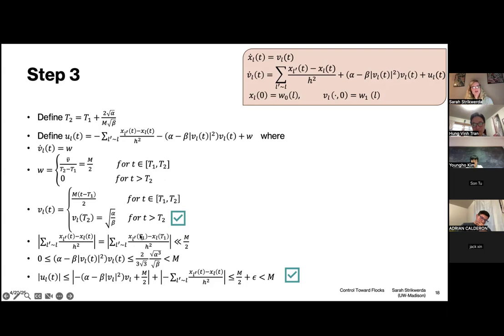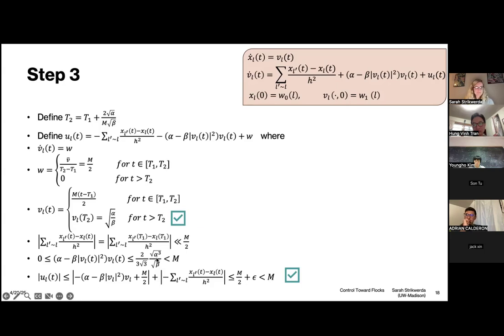It's going to be equal to whatever the discrete Laplacian was at t1, because all of the points are moving with the same velocity. And so this is going to be very small. And then we also notice that the nonlinear term is going to be small as well, because we can show that it's less than or equal to this value, and that is the value that we assumed m is bigger than.